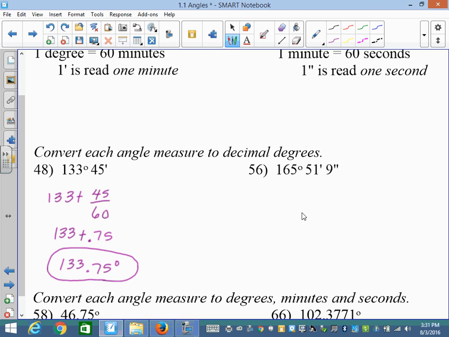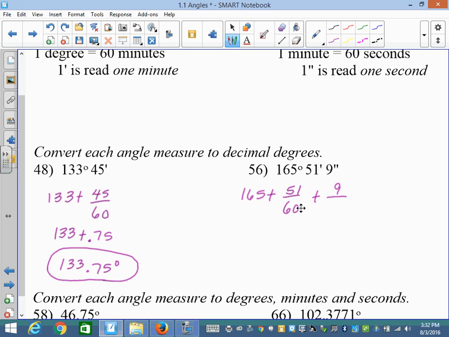Okay, so this one is the same way, but now oh look, we've got seconds on here. So I'm going to get you started and then I'm going to ask you to pause and finish it up. So we have 165 degrees plus 51 of the 60, but now we have 9 seconds. But 9 seconds out of how many minutes?